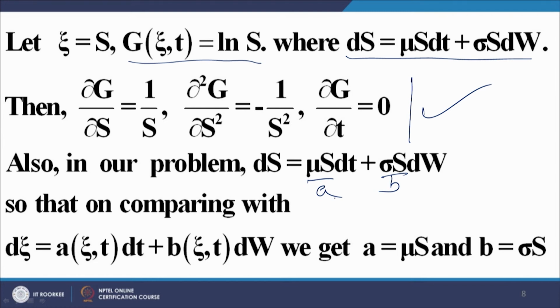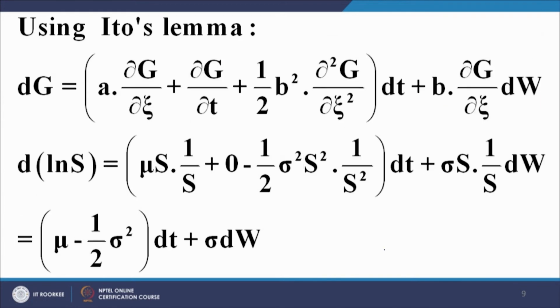Using all these expressions in equation number 1 and equation number 2, we substitute in the Ito's equation and we get the expression for the stock price as equation number 1 on this slide.